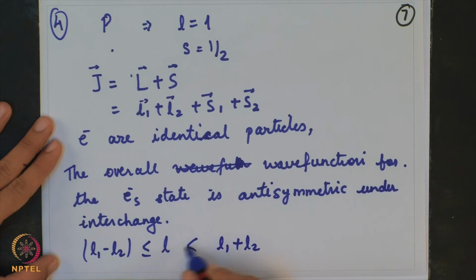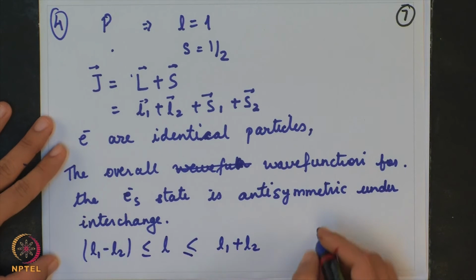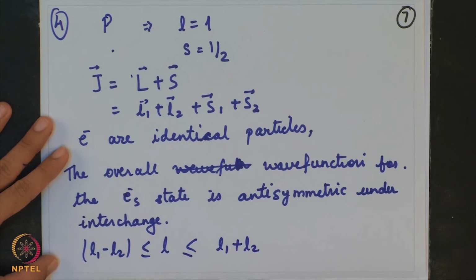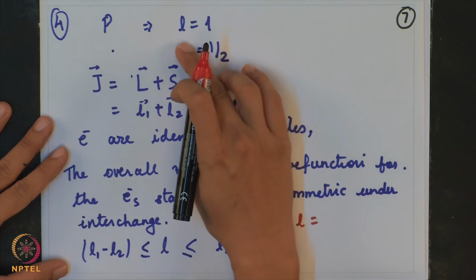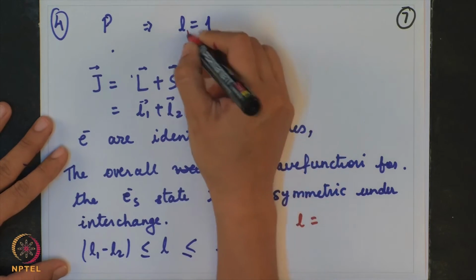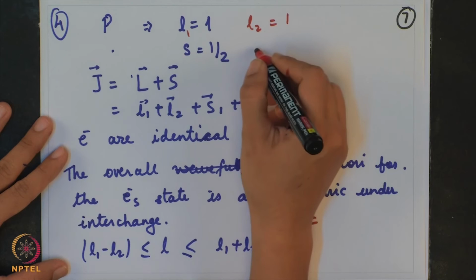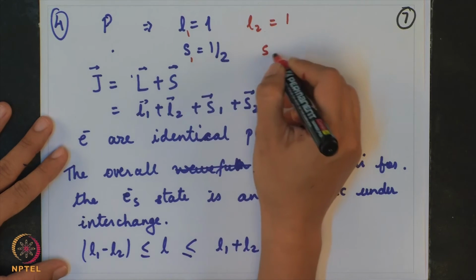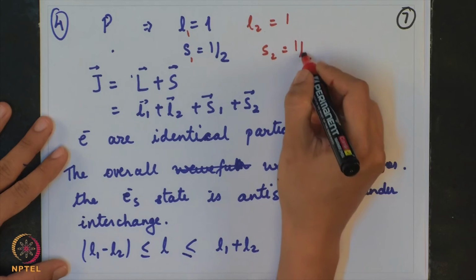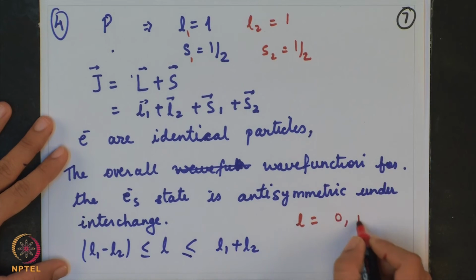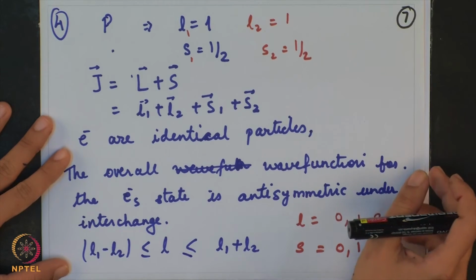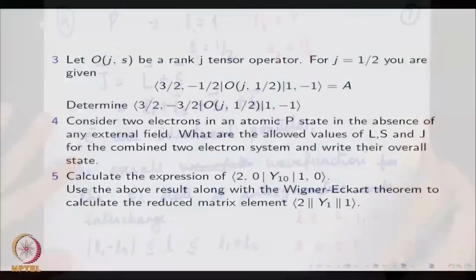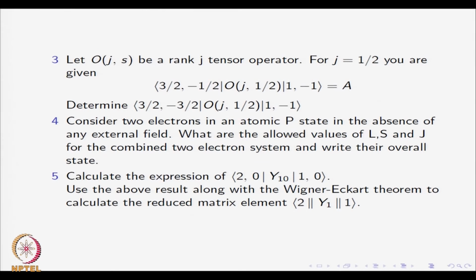So L1 is 1, L2 is also 1, so L will be 0, 1 and 2, and S can take values 0 and 1 because you have one half as the electron spin. So, this would give us the possibilities.